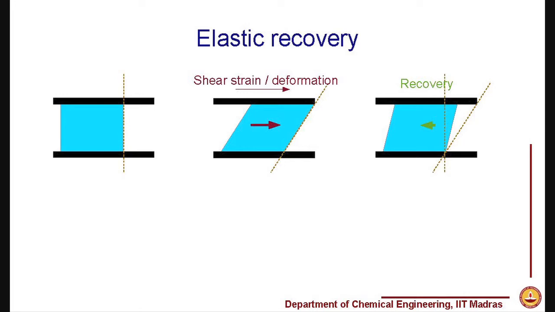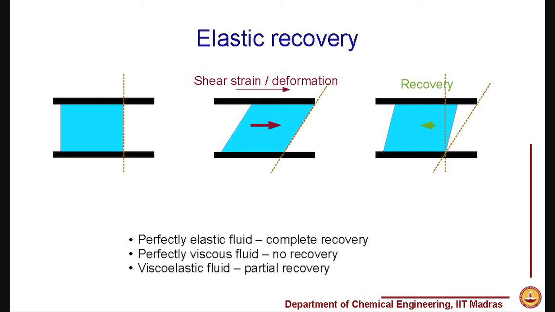It does not stay there, which would imply that it remains like a viscous fluid. So, if the fluid remains in this orientation with this amount of shear deformation, then it is a viscous fluid, and if the fluid comes back completely to zero deformation, the undeformed configuration, then it would be a perfect solid.